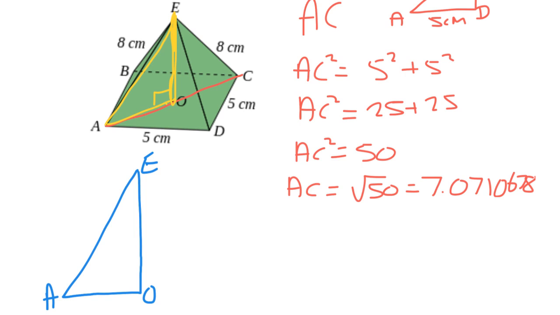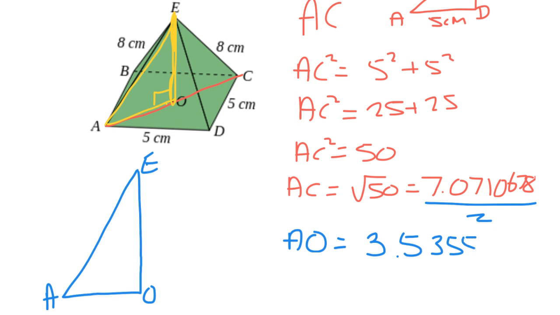Now in the previous part of the question, I found the length of AC. I need half of that value to find point O. So I can divide that answer by 2. So I know that AO is 3.5355 to 4 decimal places.